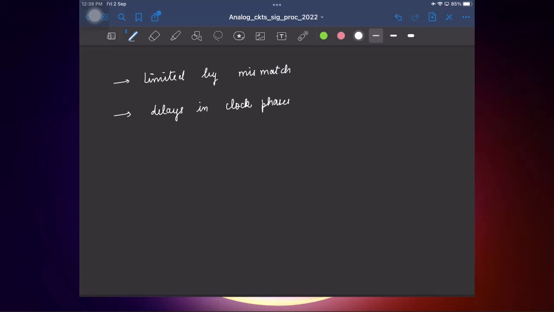If these two exist, the harmonic transfer functions will not be exactly 0, but a small quantity. So in presence of these, for the three-part system, h k of j2 pi f, where k is not equal to 3 times n, ideally would have been 0, but in presence of mismatch, this will be a small number.